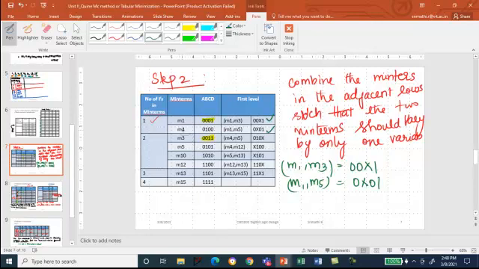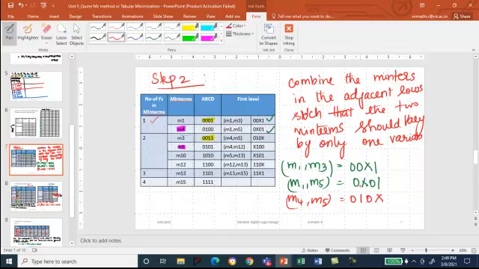See here, M4 can be clubbed with M5. So if you look ahead, this is 0, 1, 0, 0 and this is 0, 1, 0, 1. If I am combining M4 with M5, how can we write? 0, 1, 0, x.